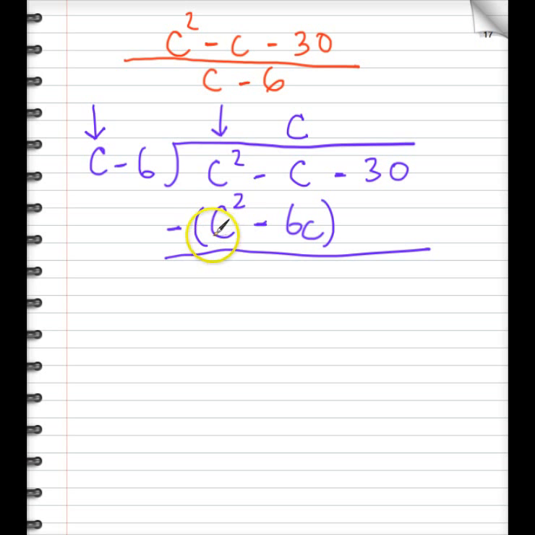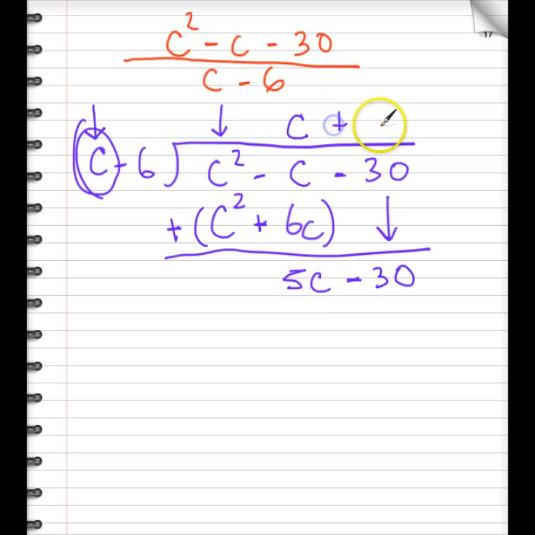C squared minus c squared, gone. That's good. If those don't cancel, you made a mistake. Negative c minus a negative: minusing a negative is add the opposite. So now effectively we have a negative c plus 6c, which is 5c. Bring down the minus 30. Now you ask yourself, c times what gives me 5c?